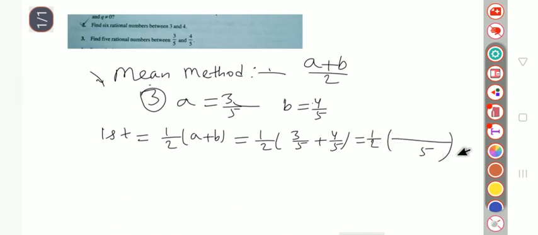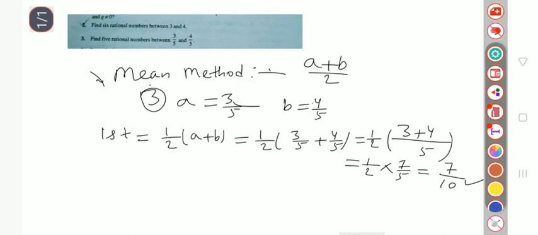In the numerator here it will be 3 and here it will be 4. So what is 3 plus 4? It will be 7. So it will be 1 upon 2, 7 upon 5. So 7 into 1 is 7 and 5 into 2 is 10. So the first rational number between 3 by 5 and 4 by 5 is 7 by 10.